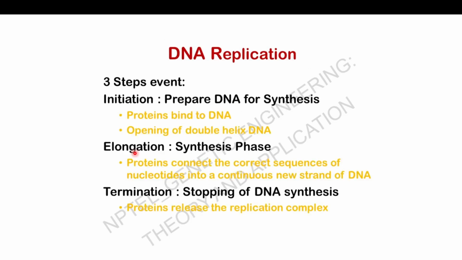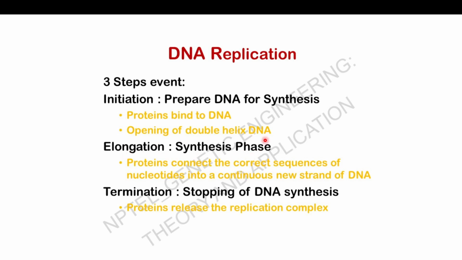So DNA replication is a three-step event. Initiation, which prepares the DNA for synthesis. Specific proteins bind to the DNA. The double helix structure of the DNA has to be opened up, because there are proteins, mostly enzymatic in nature, like helicases, that help to open up the DNA helix.